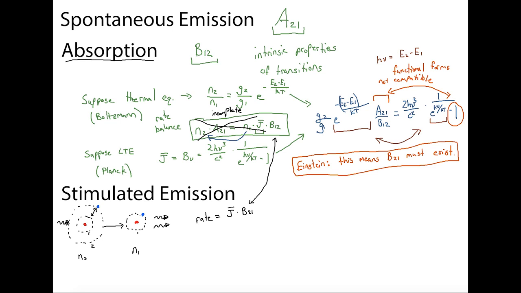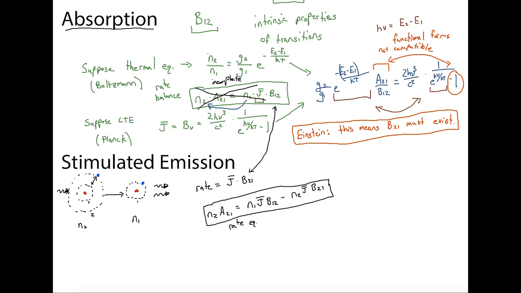The true rate equation that corresponds to thermal equilibrium would be that the rate of spontaneous emission out of state 2 into state 1 is balanced by both the absorptions that land you from state 1 into state 2, but also those excitations, the absorptions, are balanced by the stimulated emission that's caused by the same photons, the same J bar, but they encourage atoms in the excited state to de-excite back down to the 1 state. And this is the true rate equation.